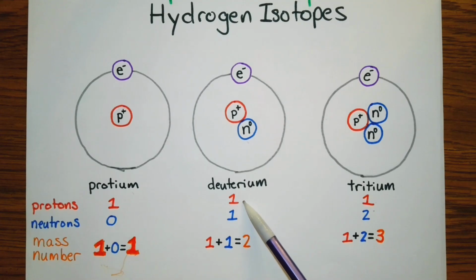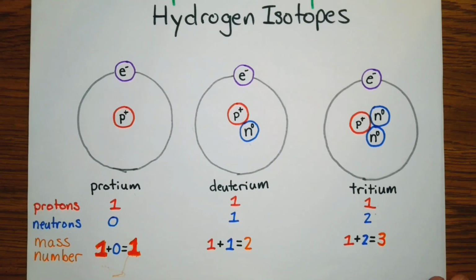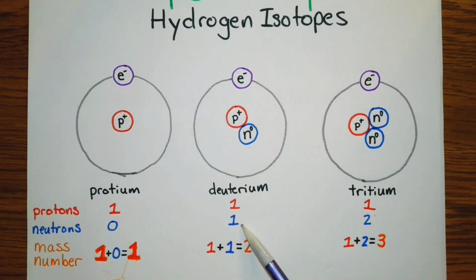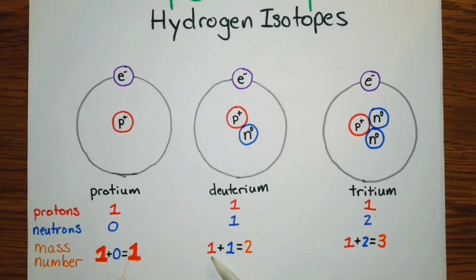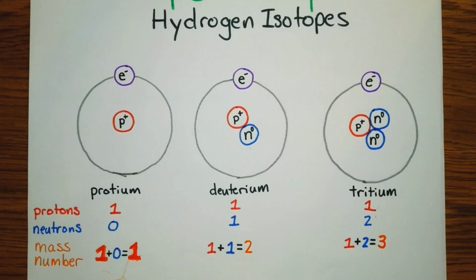Deuterium has 1 proton because it's a hydrogen isotope. It has 1 neutron. So the mass number would be 1 proton plus 1 neutron for a mass number of 2. Tritium has 1 proton because it is still a hydrogen isotope. It has a total of 2 neutrons, and so it has a mass of 1 proton plus 2 neutrons, which gives us 3. Okay, all considered hydrogen, but these are isotopes of hydrogen.